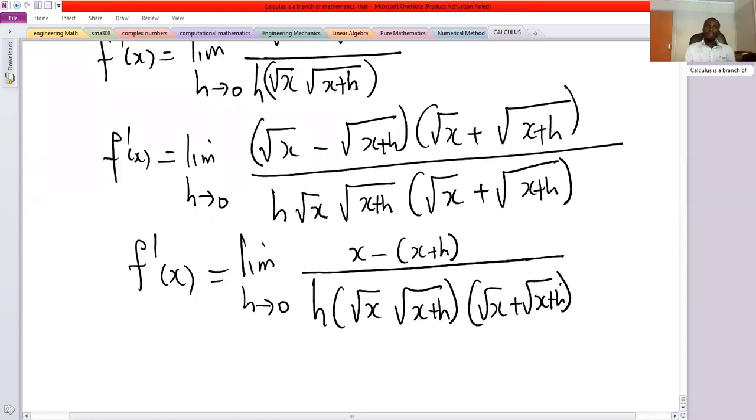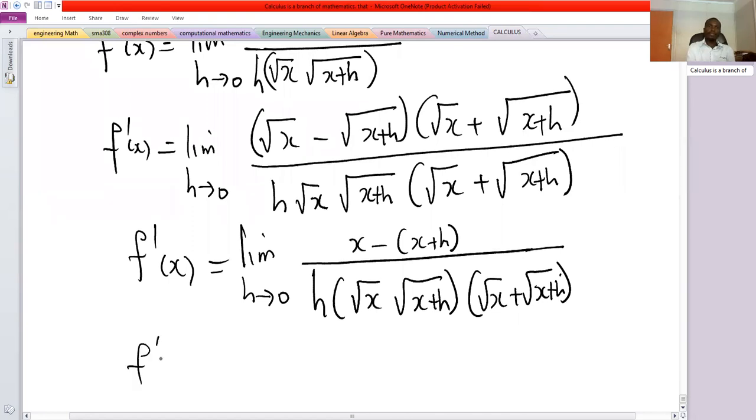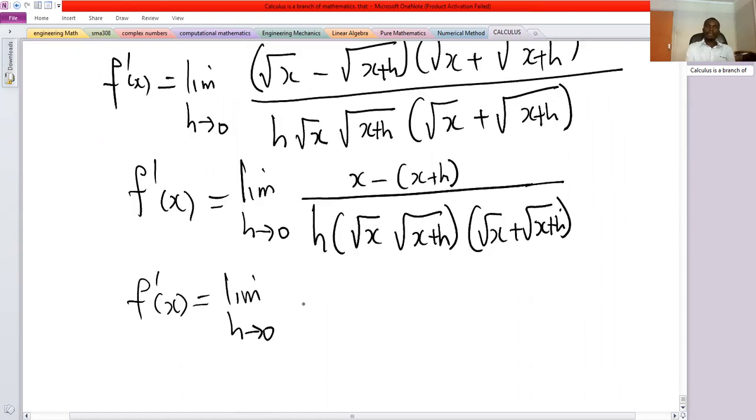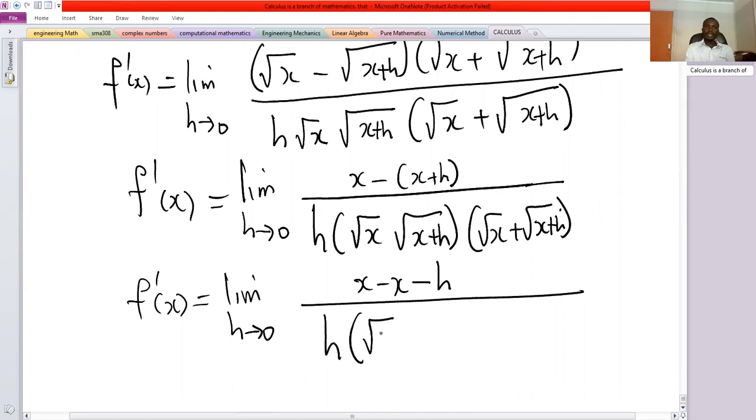So numerator, you open so that now you do away with x. So we'll have x minus x, minus minus, we'll have minus h into root x plus h, root x plus h.